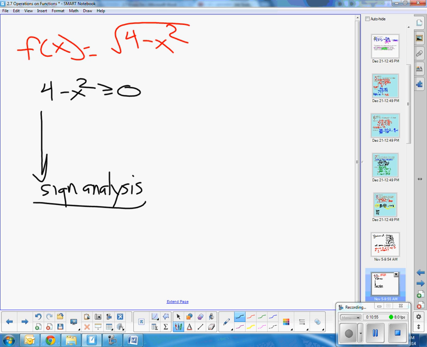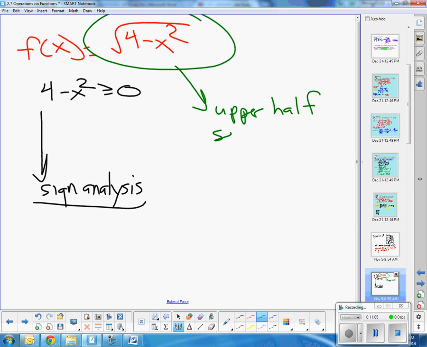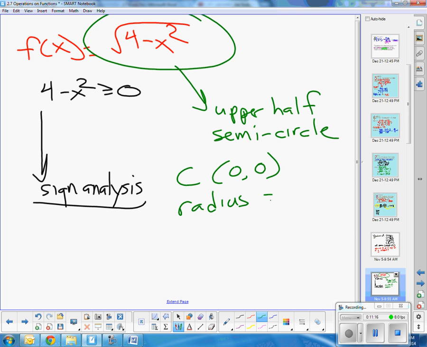In this case, I can, because I recognize that this is an upper half semicircle with a center at the origin and a radius of 2.